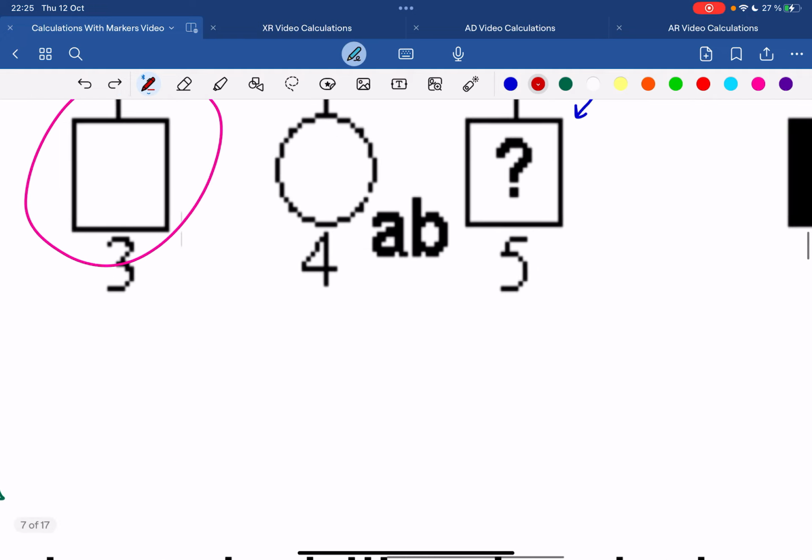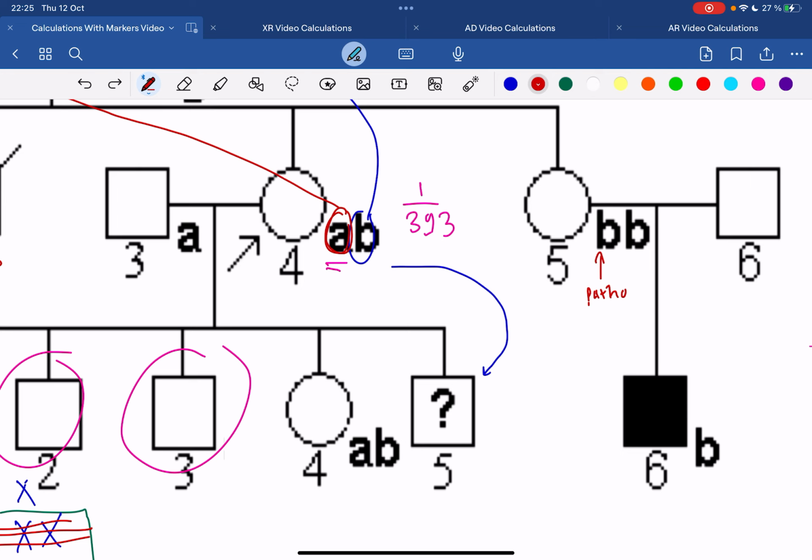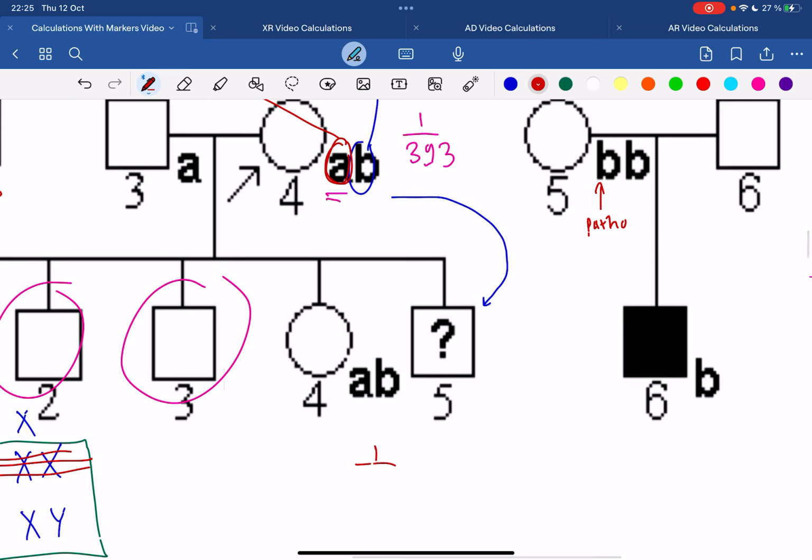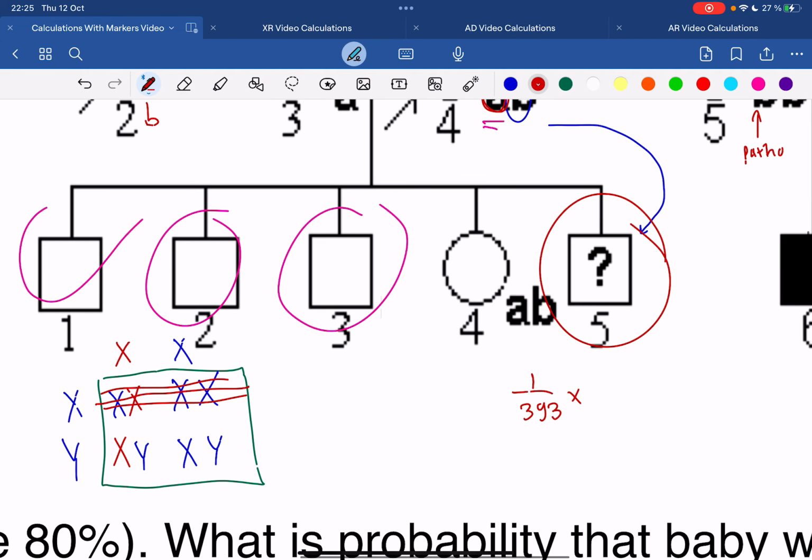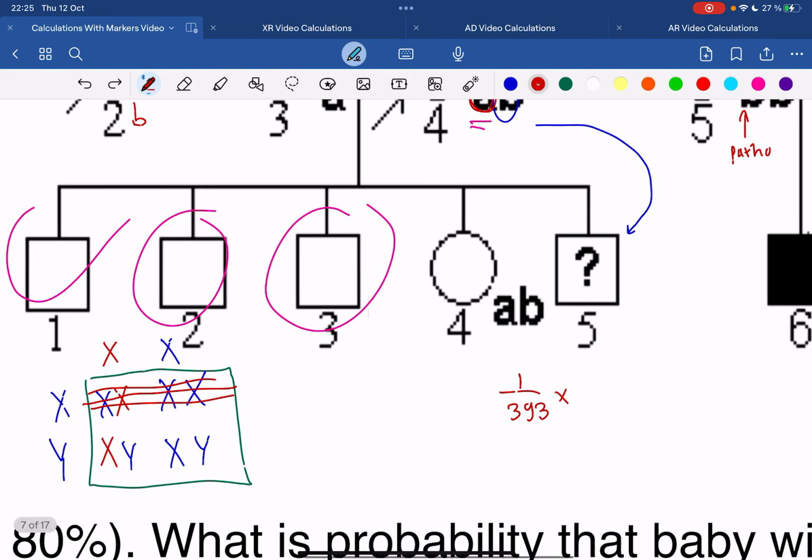So we have to take the parents' chance to be a carrier, which is 1 over 393, times the child's chance to be affected, which is in our case 1 over 2. And that is equal to 1 over 786.